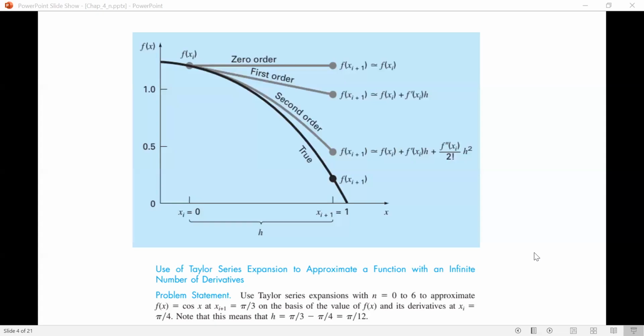Let me just edit the slide. Okay, I hope you can see it now clearly.